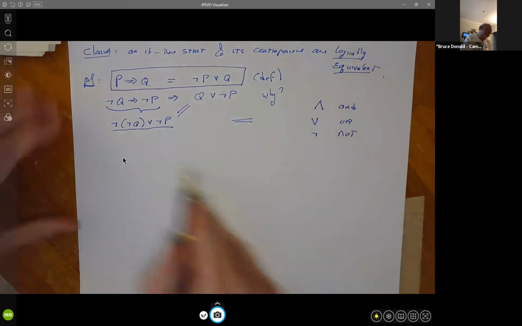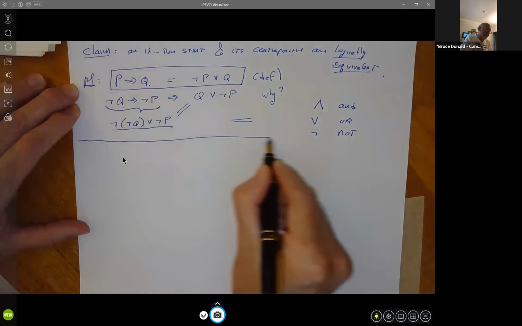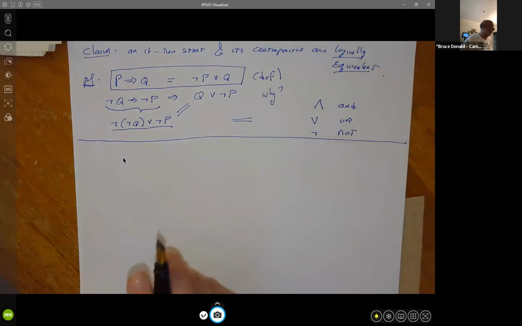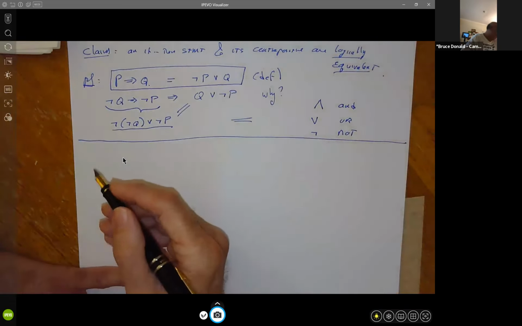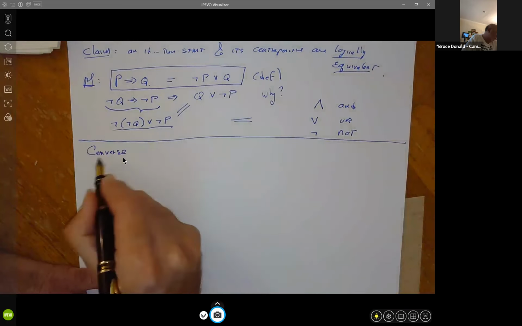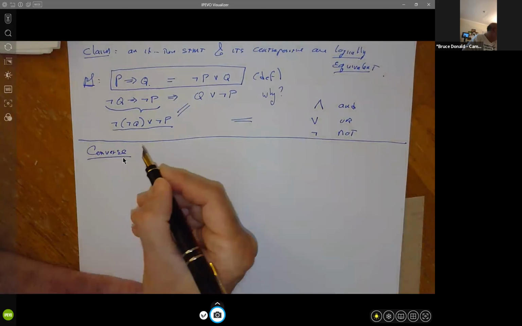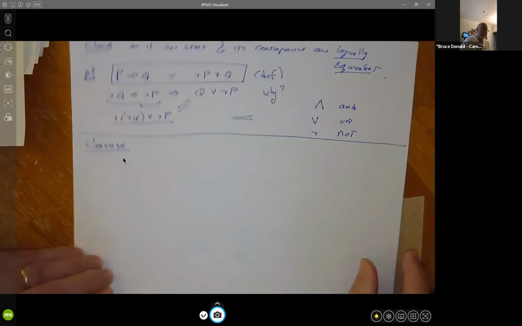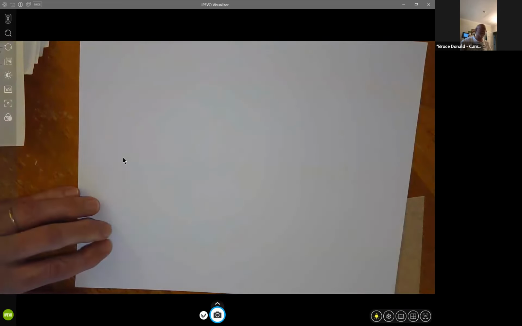Now, having understood something about contrapositives, it's a pretty deep thing. We have two very different looking statements that are actually logically equivalent. But for the converse, we have a different story. Remember, we had the converse. The converse is a different statement, and it can be formed from the statement P implies Q. I want a fresh piece of paper because this is a little bit mind-bending.